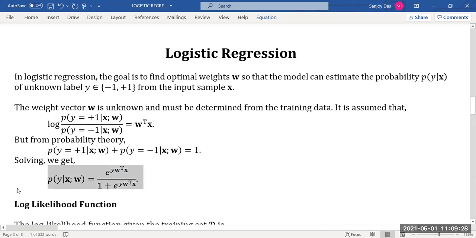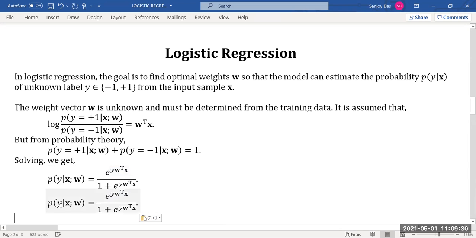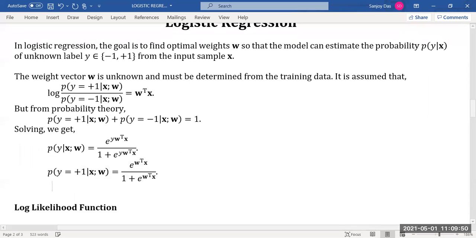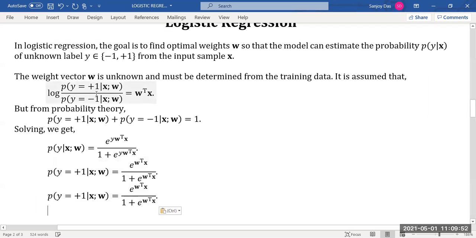So this is shorthand for this: the probability of Y equals +1 is this, and the probability that Y is -1 is this.